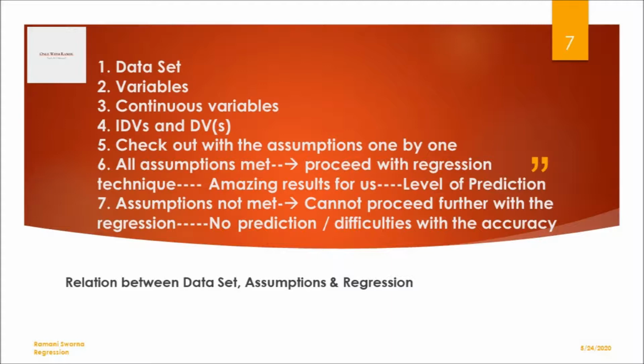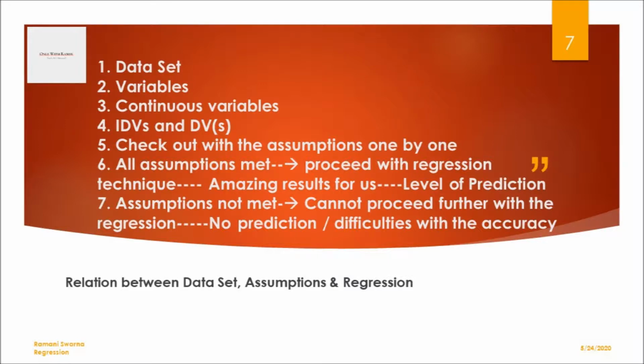Then the level of prediction, we can proceed further, though the differences are there, and we will see those later on. If assumptions are met, well and good, I can proceed further with regression, SEM, path analysis, and I can go even beyond that. If assumptions are not met, remember, you cannot proceed further with regression.